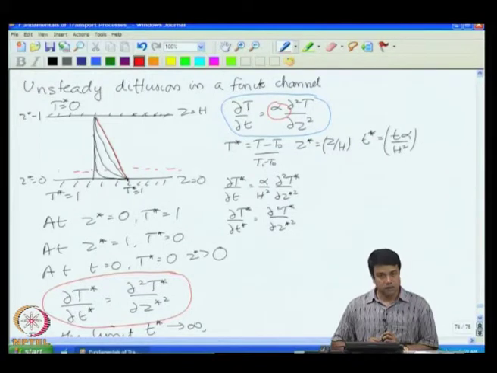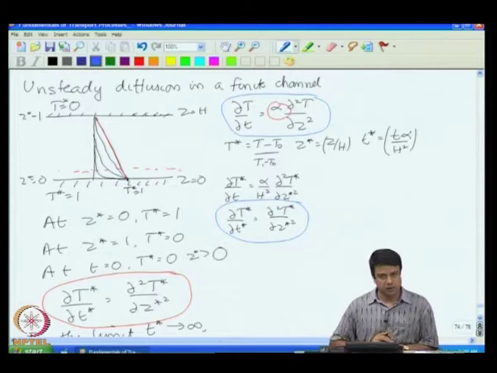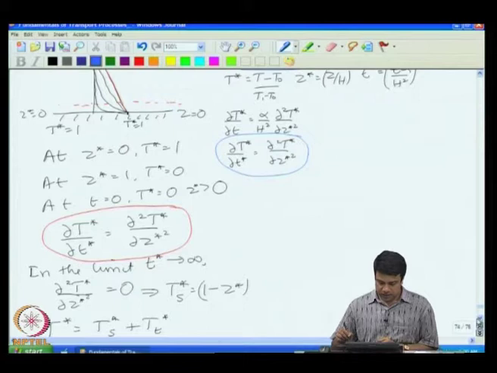When expressed in terms of the scaled time and the scaled coordinate, the final equation that I get has no dimensional parameters in it. So, it is a completely dimensionless equation when expressed in this form. As I said, in the limit as time goes to infinity, I should reach the final steady temperature.